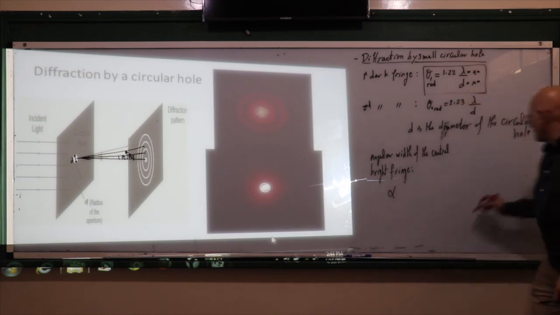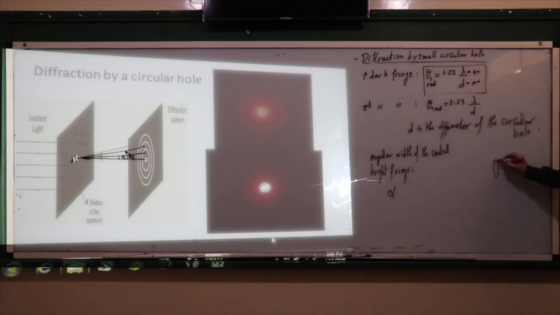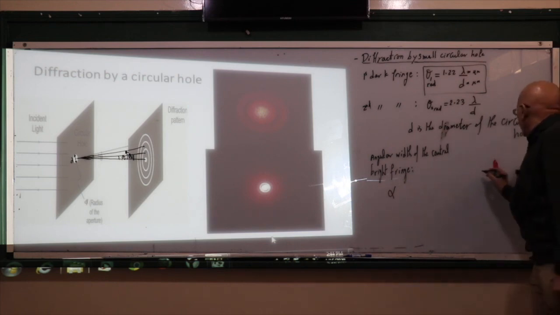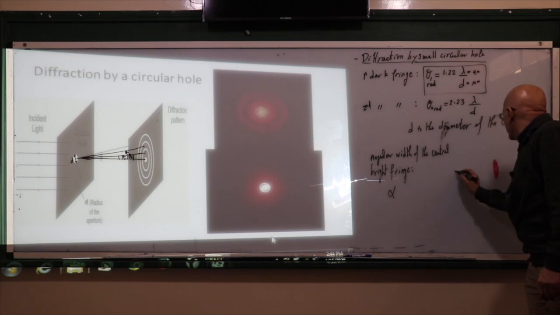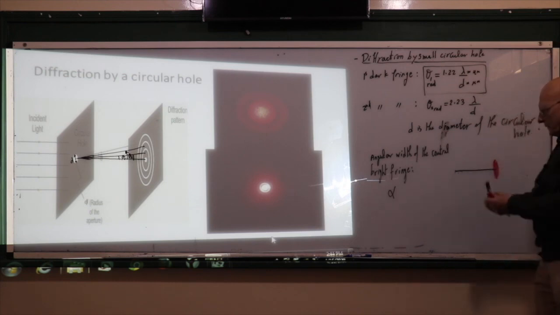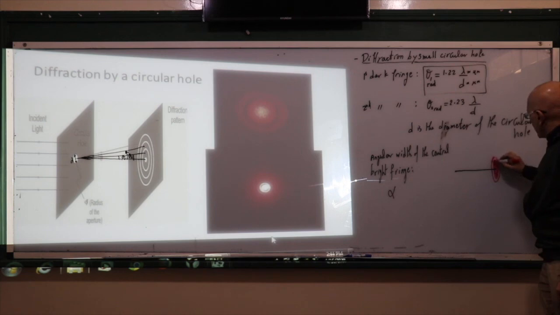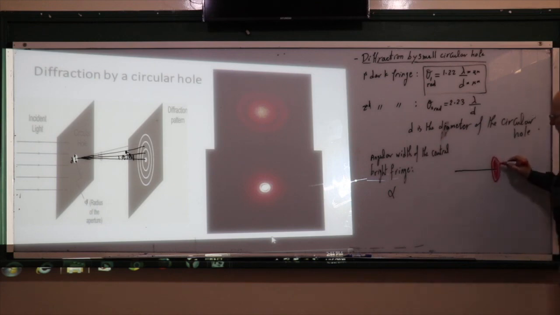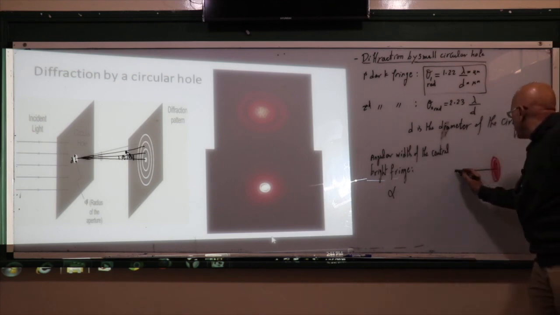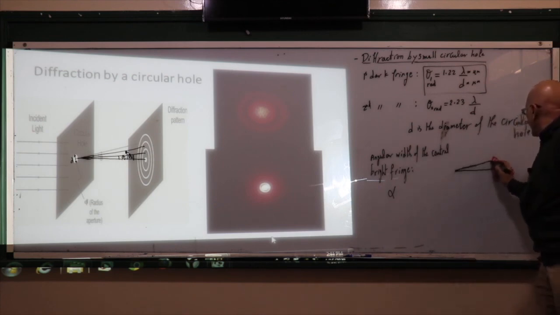This is the central bright fringe, as we said there, and here this is theta 1, which corresponds to the angular position of the first dark fringe. The white color here is the first dark, and this is theta 1.